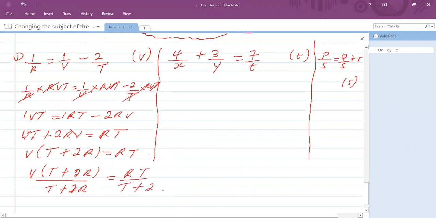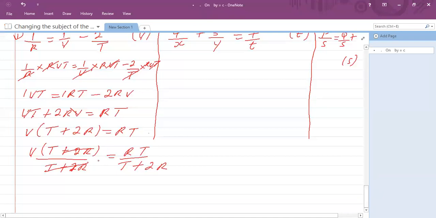T plus 2R. This one cancels this one here, right? So what do we have? V is equal to RT over T plus 2R as my final answer.